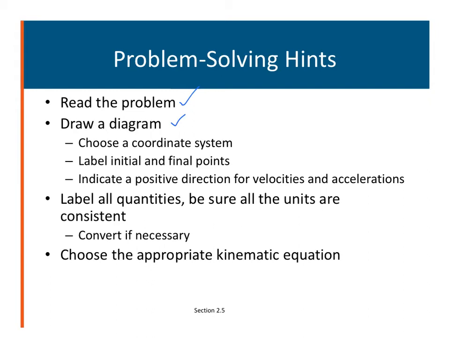And then label all quantities to be sure that the units are consistent, and convert if necessary. We need to be in SI units typically. However, if all of the units are in British units or CGS, then maybe we could keep it in that, but just make sure we're consistent throughout with all of our units. And then choose the appropriate equation, as we just finished going over. What do we have? What do we know? What do we not know? Which equation is best?